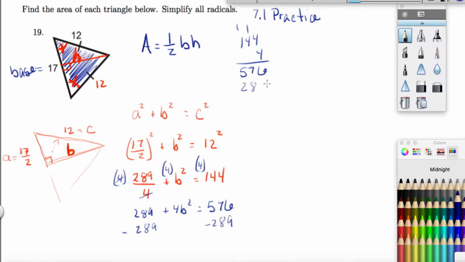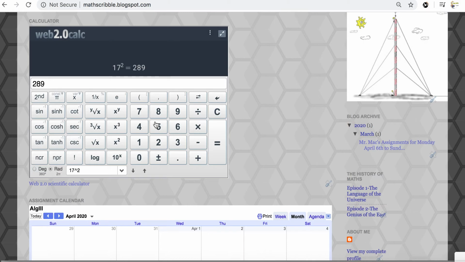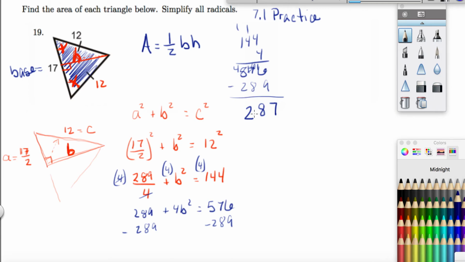I've got to do some borrowing here. 576 minus 289 is 287.